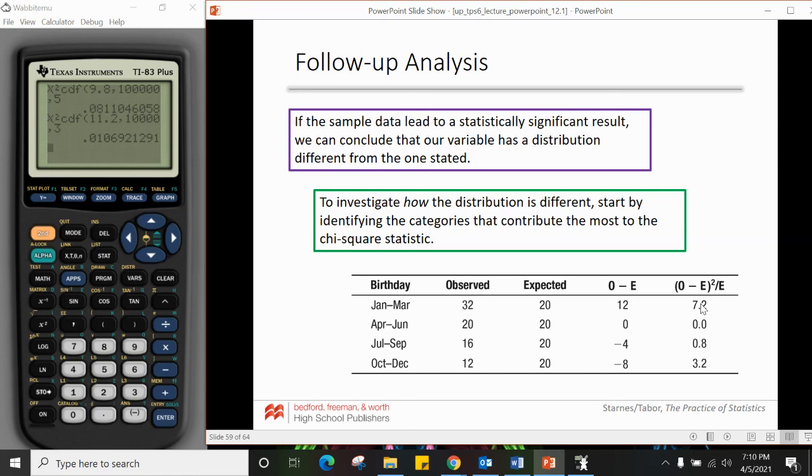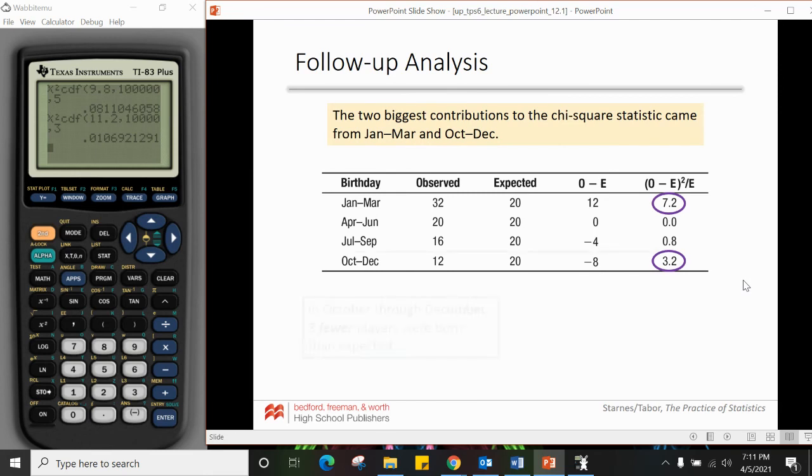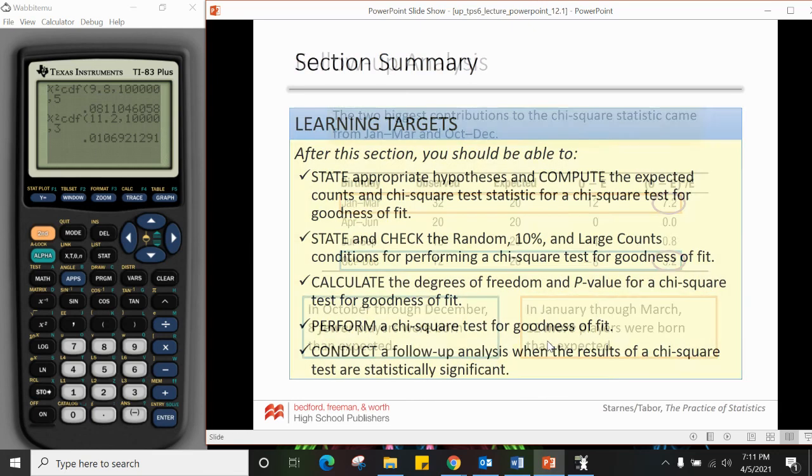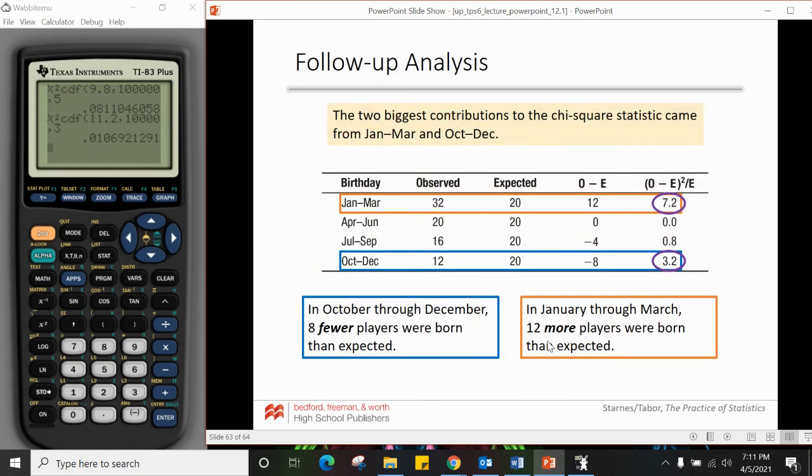We talked about this a little bit before, but specifically, 7.2 and 3.2 are the numbers that really add a lot to this chi-squared number. So that might be where some information is. Like, hey, look, in October through December there are fewer than normal, and January through March is more than normal, quite a bit more than what you'd expect. That's where you could do a follow-up, really seeing what the data is telling you. Where is this difference coming from? Specifically, what categories might be influencing the difference.